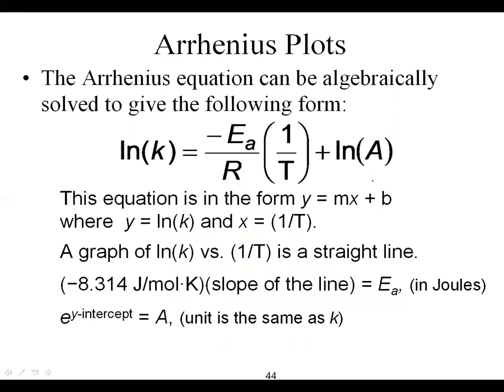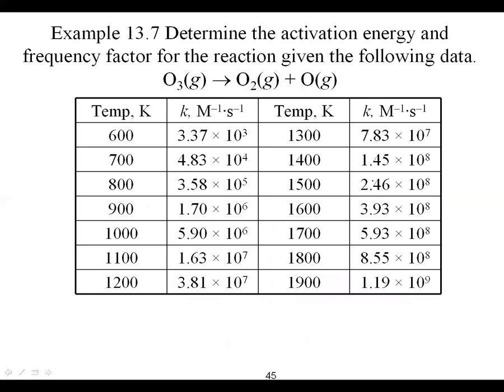So here's a typical table that you would be given in a problem, and you may be asked to do a plot, probably not on the exam, but in real life, if you were doing some problems out of the textbook, you may want to use Excel to do this. You're given the rate constant for each of these, and you're given the temperature.